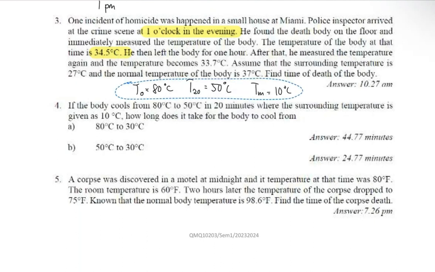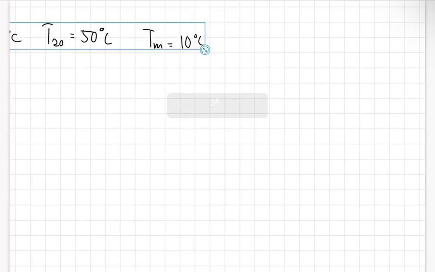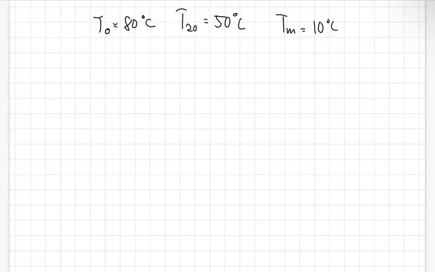So let's copy this one. Question number 4. Let's write Newton's law of cooling: T equals Tm plus A e to the power of minus Kt. When t equals 0, the temperature is 80 degrees.